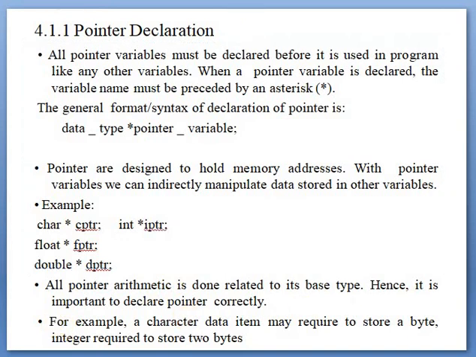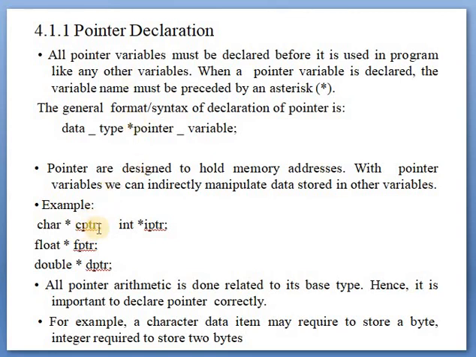All pointer arithmetic is done related to its base type. Hence, it is important to declare the pointer correctly. For example, a character data item may require to store a byte. Integer requires 2 bytes, and if you want to store the float, we require 4 bytes. Means what?